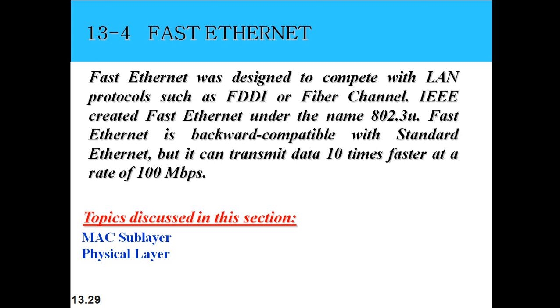Suppose we use the same topology, but with link layer switches. In that case, we communicate in full duplex mode, and we do not receive any collisions. For that purpose, there is no need for CSMA/CD.